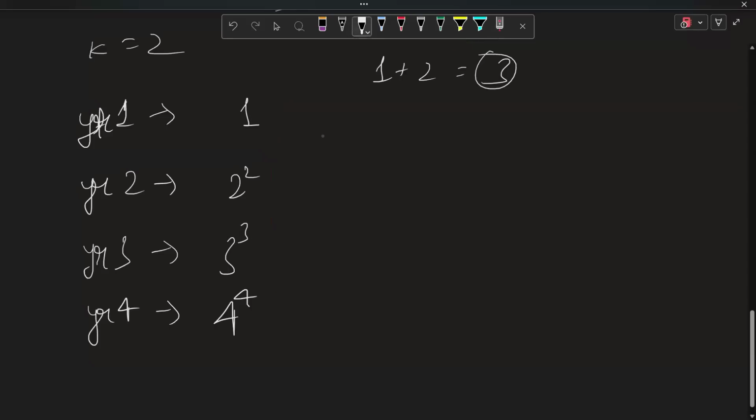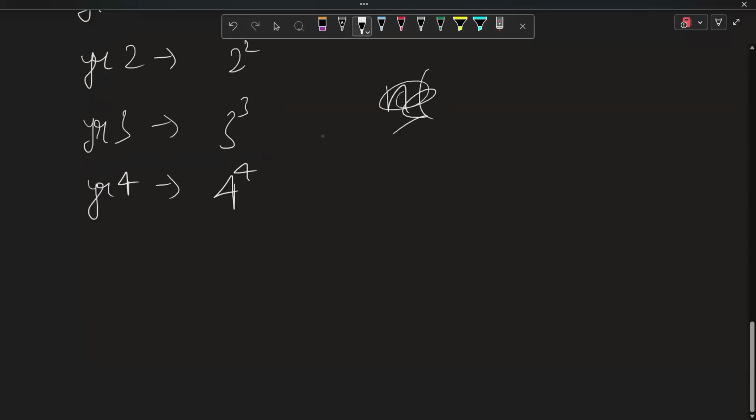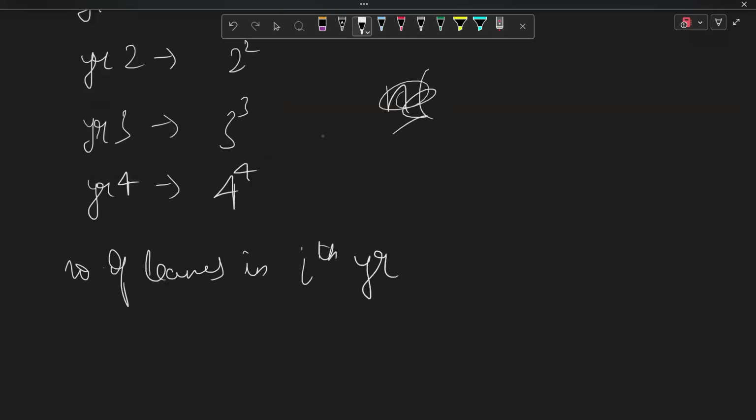Okay, so if we need to find the number of leaves in the ith year, what would that be? i to the power i is the number of leaves grown in the ith year. Then how many leaves are remaining?